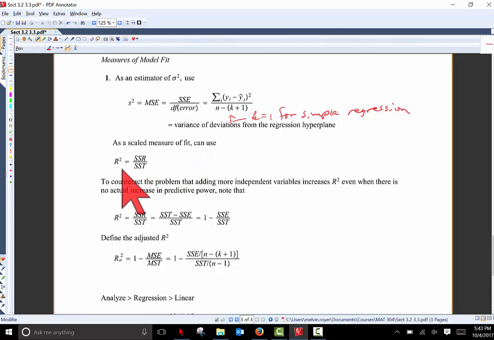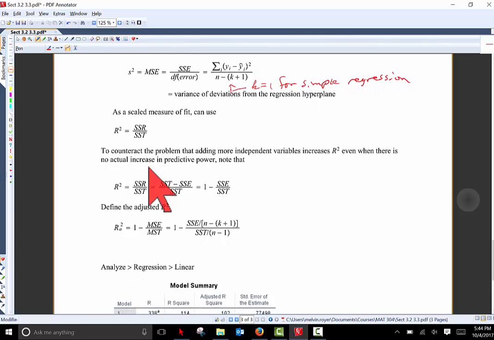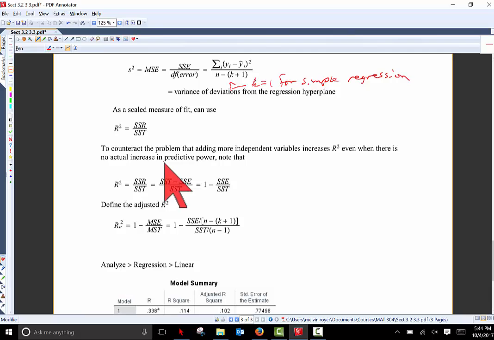Another thing you could do is compute the R squared. So same formula as before, SSR over SST. And the only new thing to discuss, the new problem, is the following. It turns out that when you're doing multiple linear regression, say I'm trying to predict GPA, and I have SAT math and SAT reading and high school math grades and high school English grades and so on. Then I think of a new variable, maybe number of pairs of shoes owned or a person's height or something, and it really has nothing to do with the problem at hand.